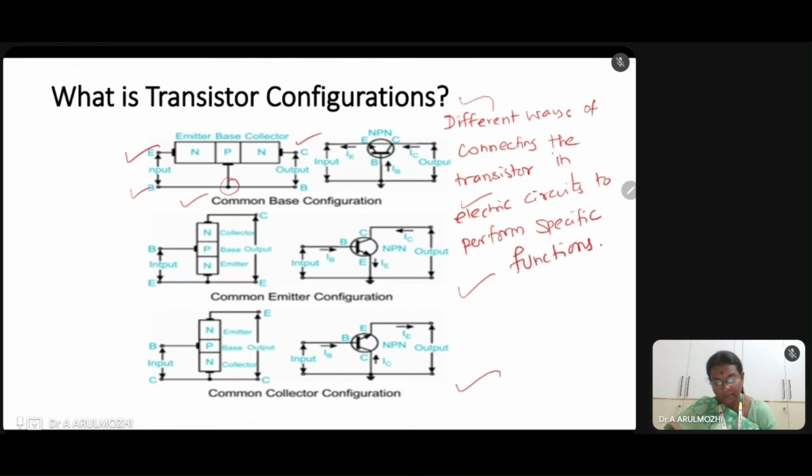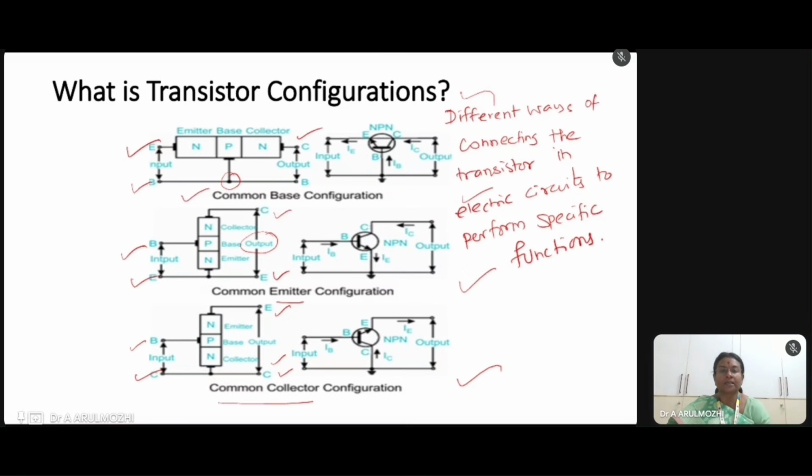Secondly, in the common emitter configuration, the emitter is the common terminal, and between the emitter and the base we give the input, and between the collector and the emitter we take the output.